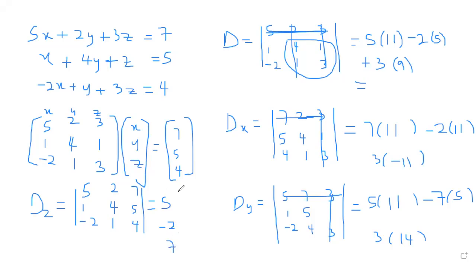Then you find the minor matrices. Here, when we take this, it will be 4 times 4, 16, minus 5, which will be 11.